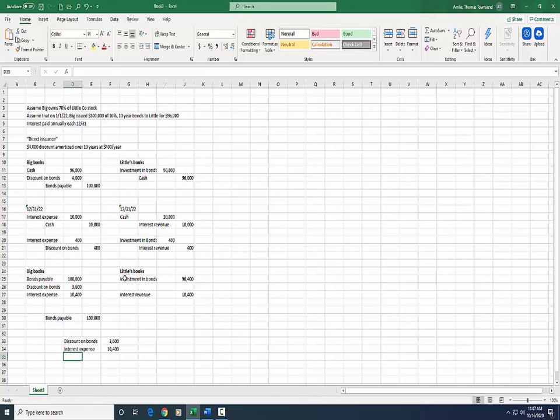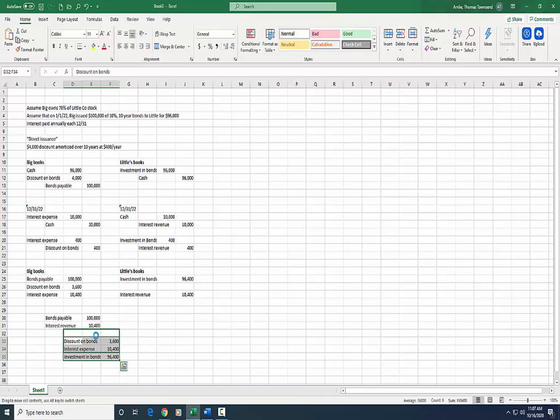Over here, the investment in bonds has a debit balance, so to get rid of that, I'm going to credit it. Interest revenue has a credit balance, so to get rid of that, I'm going to debit it. Because again, these things are mirror images, whereas Big has a liability and an expense, Little has an asset and a revenue.